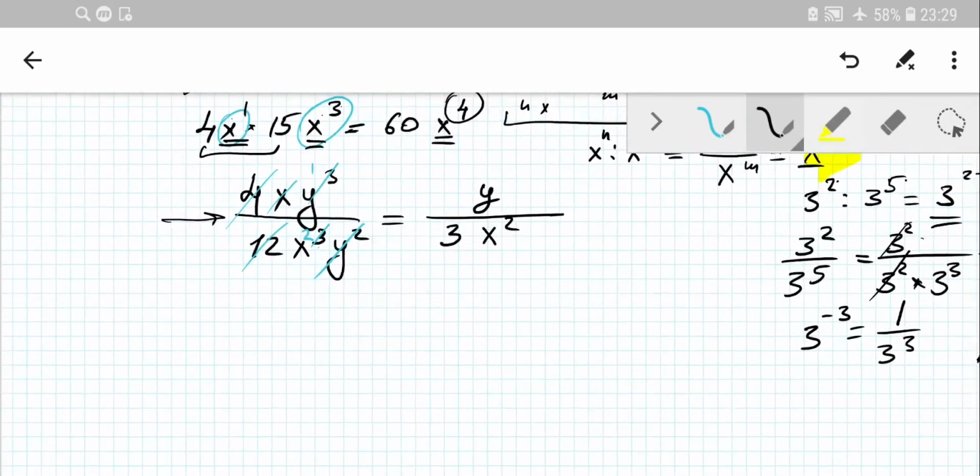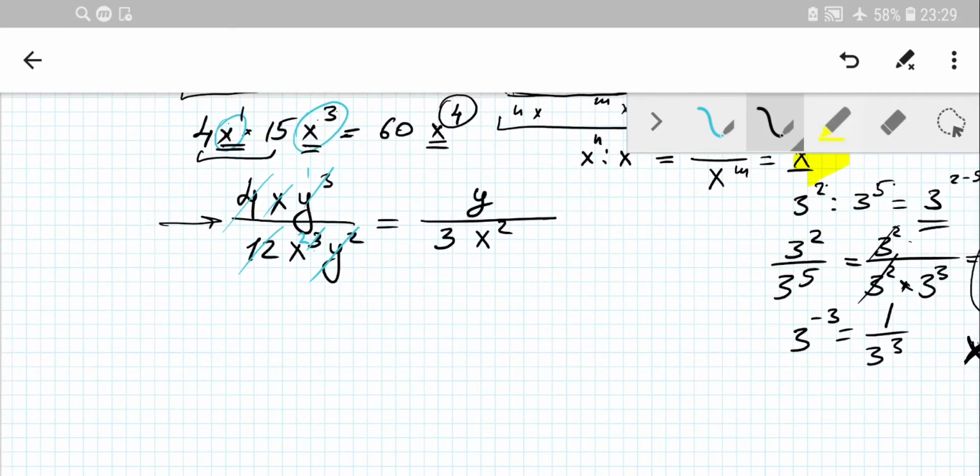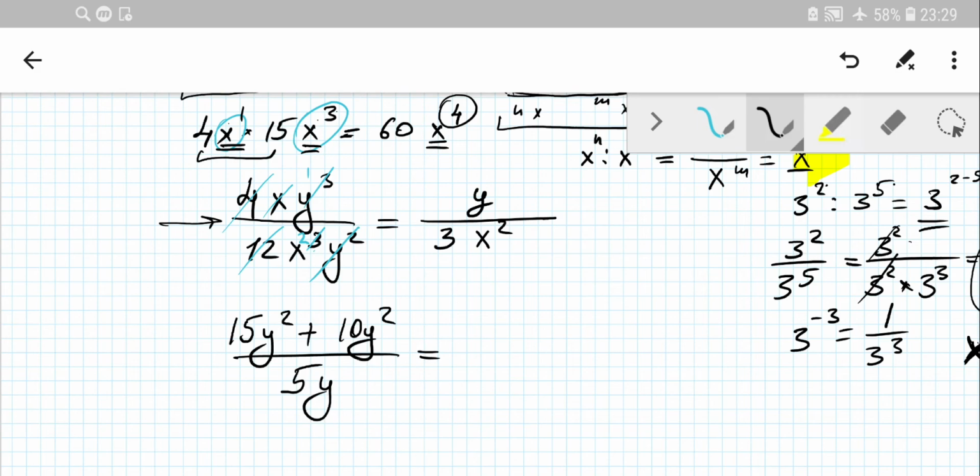Also, you might be able to do simplification when you add first on the top and then divide it by something. For example, let's take 15y squared plus, let's say, 10y squared, and also you need to divide by 5y. So what are you going to do in this case?